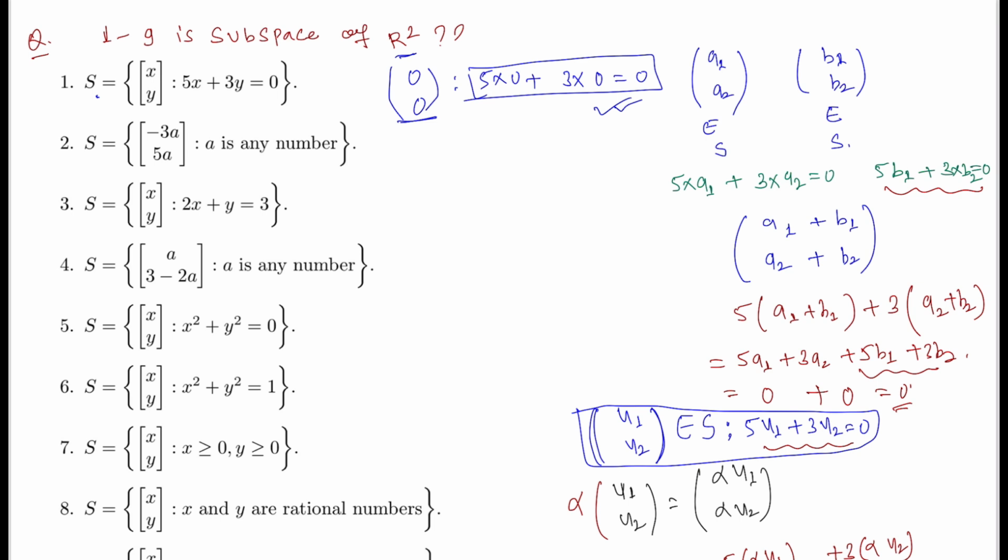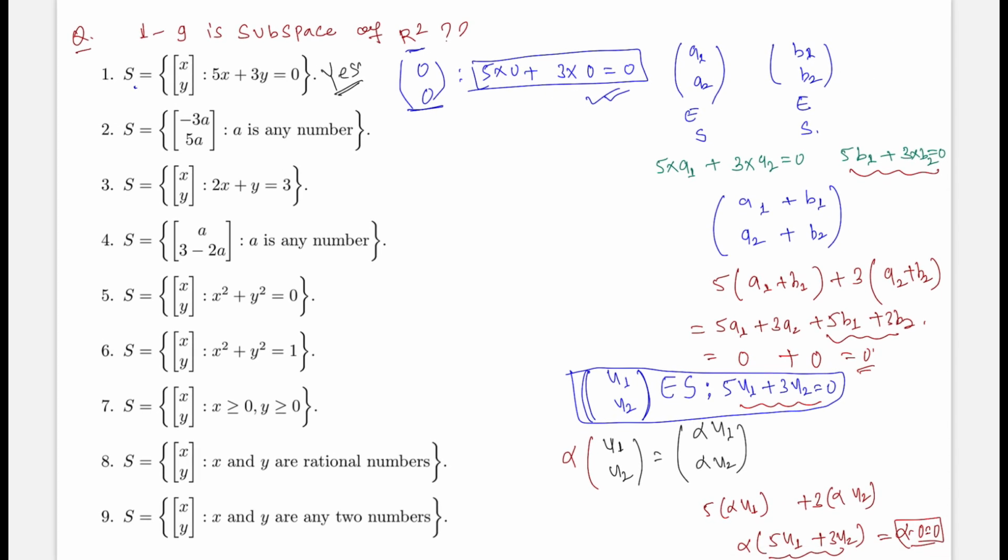So all three conditions have been satisfied, so we can say that this set is a subspace of R square. Since this was the first question, that is why I took the time to explain each and every step.